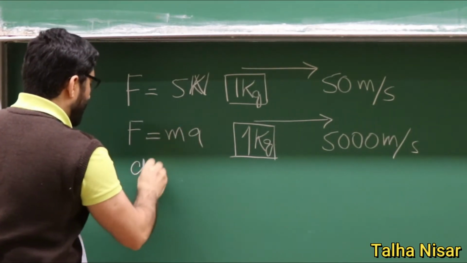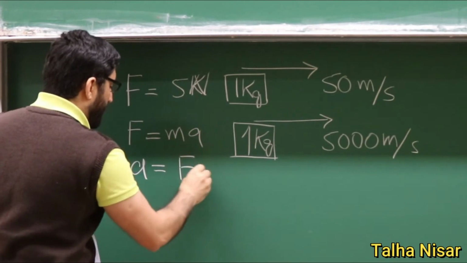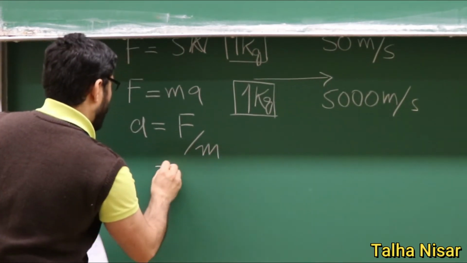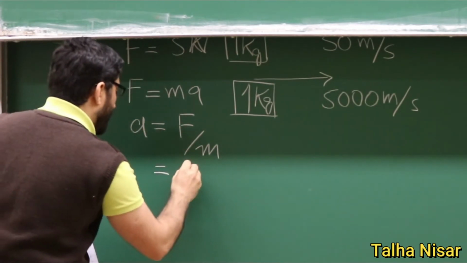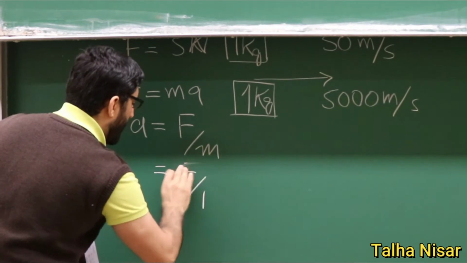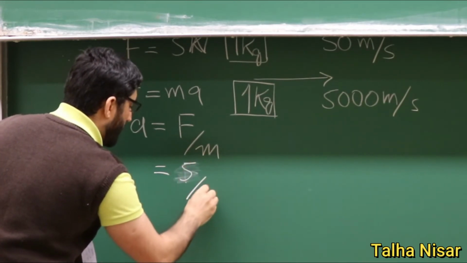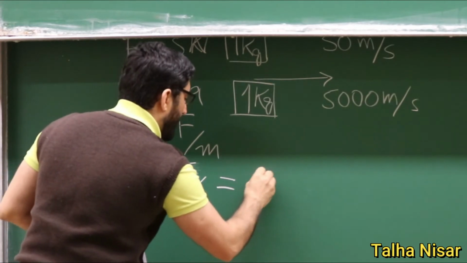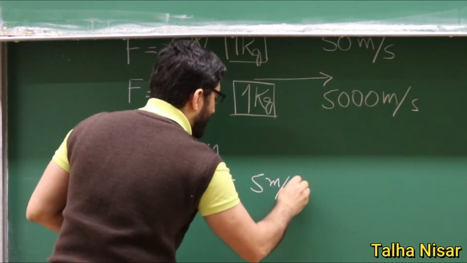So we have the acceleration equals F by m. We have the force, 5 Newton, divided by 1, so the acceleration will be 5 meters per second squared.